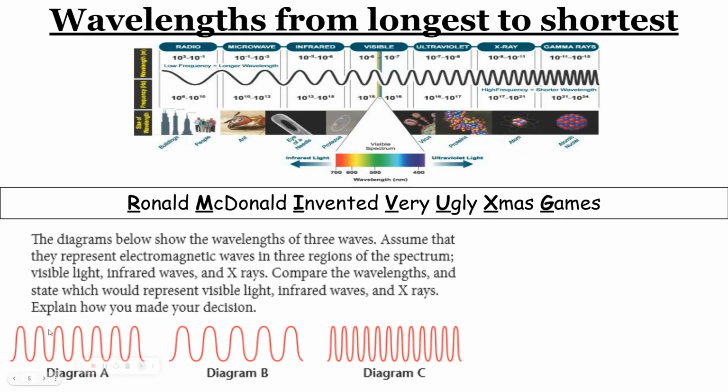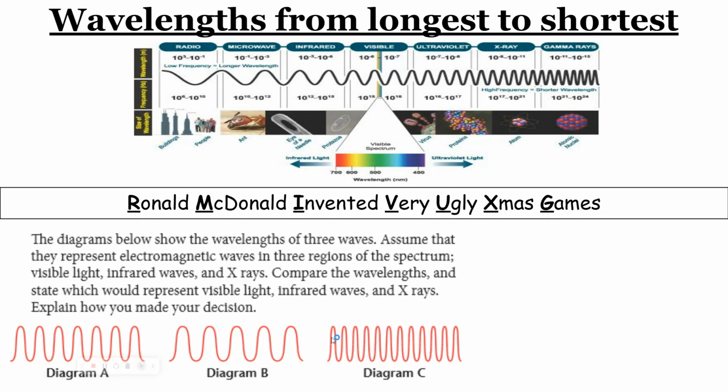In this question, you had to categorize diagrams A, B, and C as either visible, infrared, or X-rays. You'll notice that they differed in terms of their wavelengths. You had very small wavelengths here, larger wavelengths here, and somewhere in between wavelengths here.